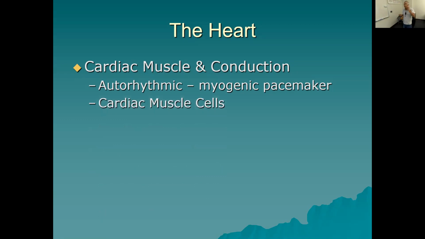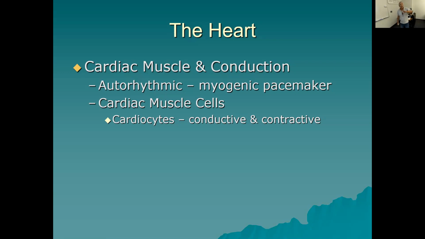Cardiac muscle cells. There's actually two types. These are called cardiocytes. There's conductive cardiocytes and contractile cardiocytes. The conductive cardiocytes don't really generate force. They just conduct action potentials. The contractile cardiocytes also conduct action potentials, but they contract and they generate force.